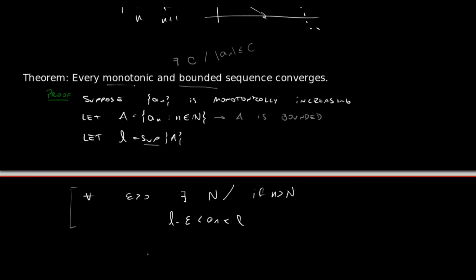But now this is also the definition of a limit, so then the limit of a sub n has to be L. And then the sequence converges, which is what we were trying to prove.